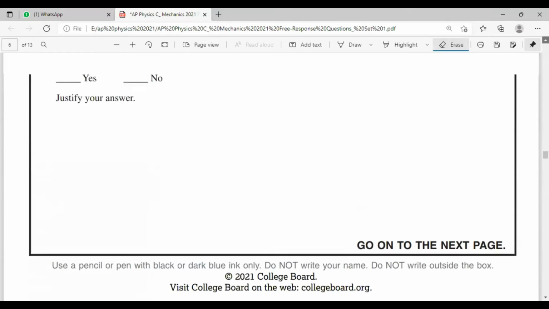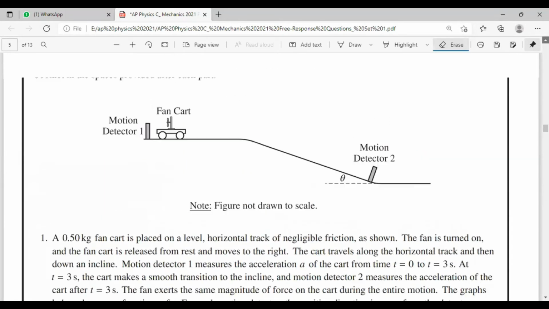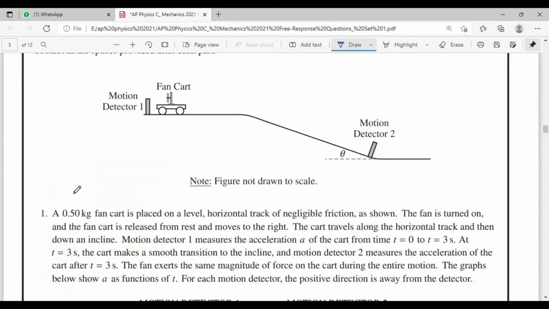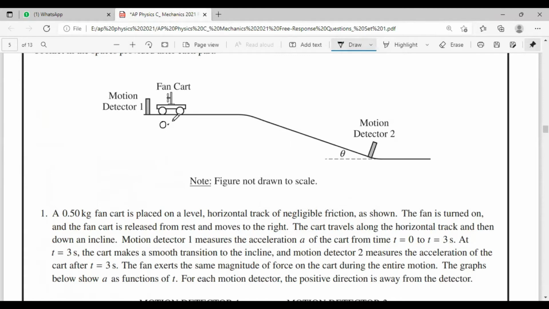So first of all, let us read the question and understand it. The question is: a 0.5 kg fan cart is placed on a level horizontal track of negligible friction.